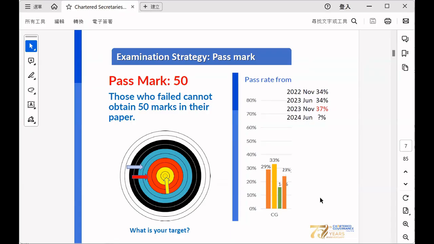So if you can get at least 15 to 16 marks for each of the questions, then you will have quite a safe pass. If you aim at 12.5 marks for each question, then you are still very risky because you don't know whether marks will be given to the points you mentioned in your answer. So in that case, you have to be very careful.